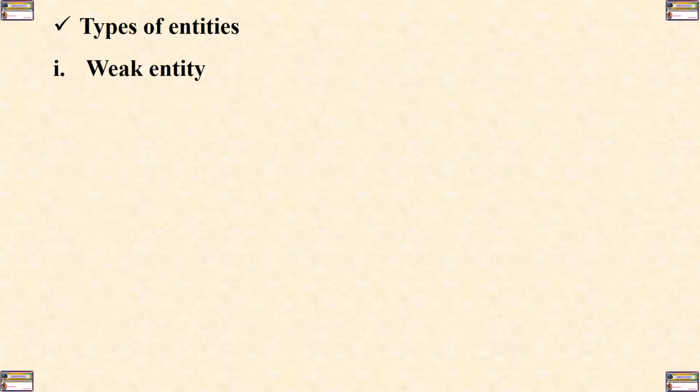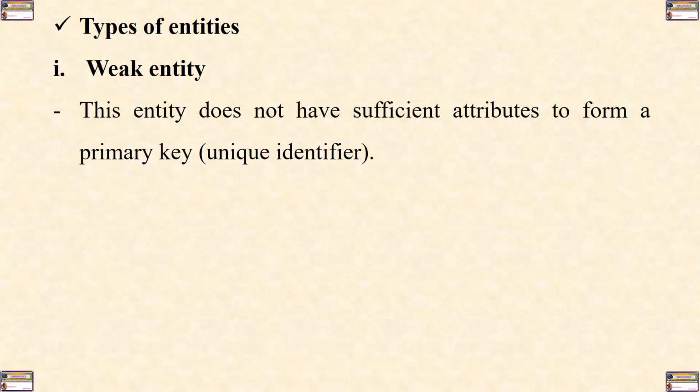Now, we have various types of entities. Number one, we have what we call the weak entity. What is a weak entity? This is an entity that does not have sufficient attributes to form a primary key or unique identifier. So we don't use a weak entity as a primary key.